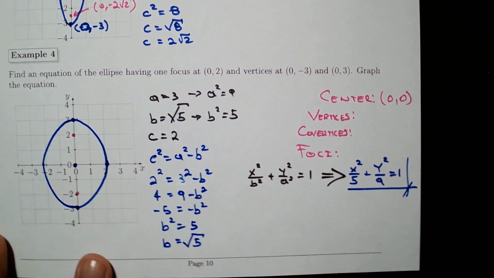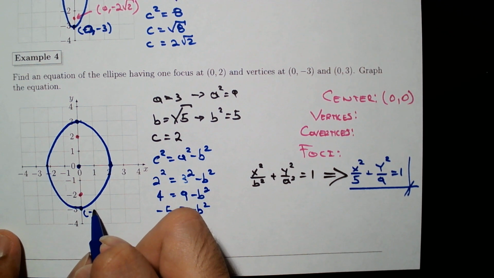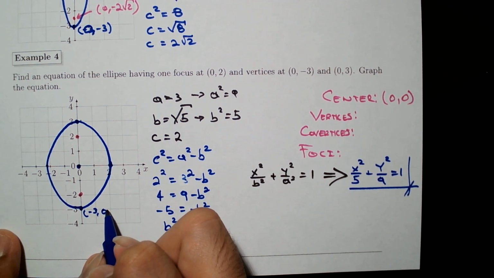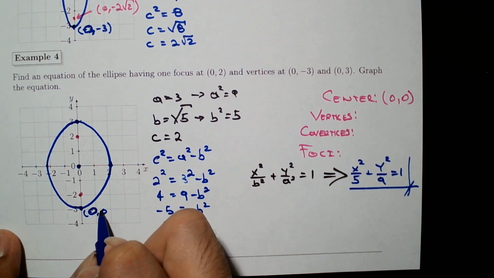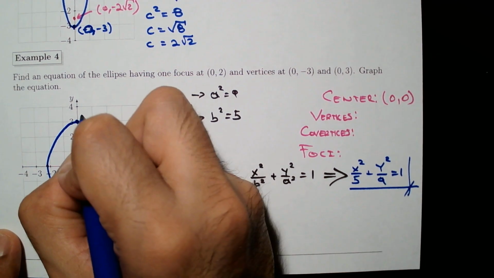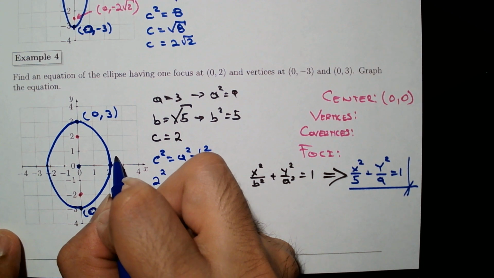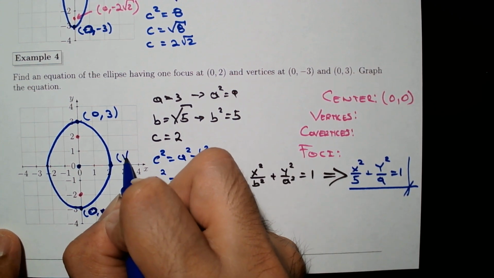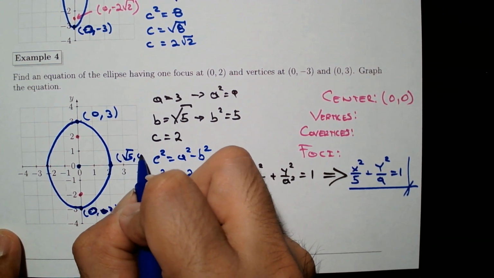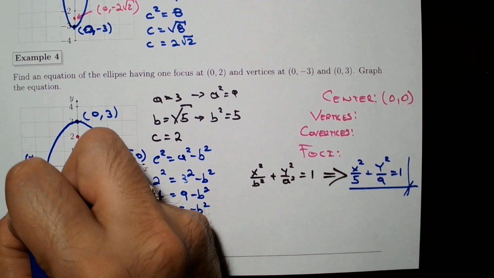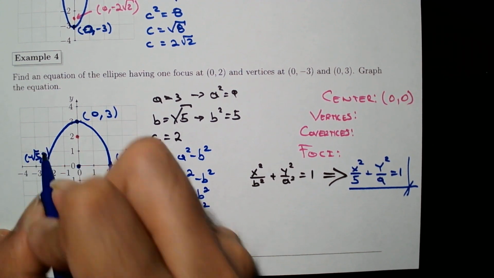Okay, let's state the vertices: 0, -3, 0, 3, and then the co-vertices, square root of 5, 0, and negative square root of 5, 0.